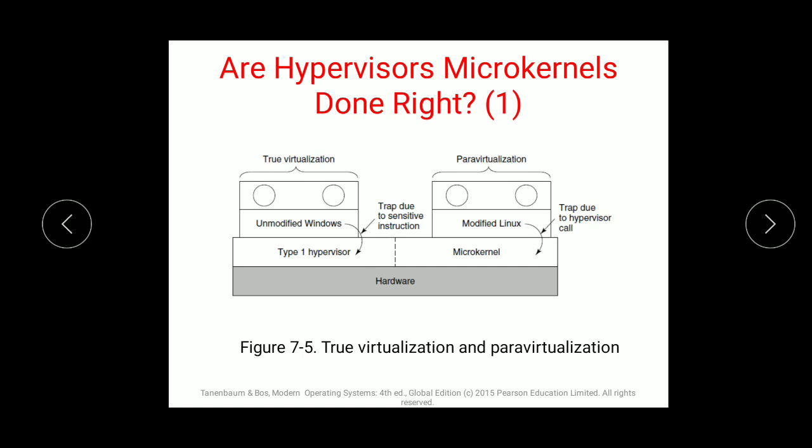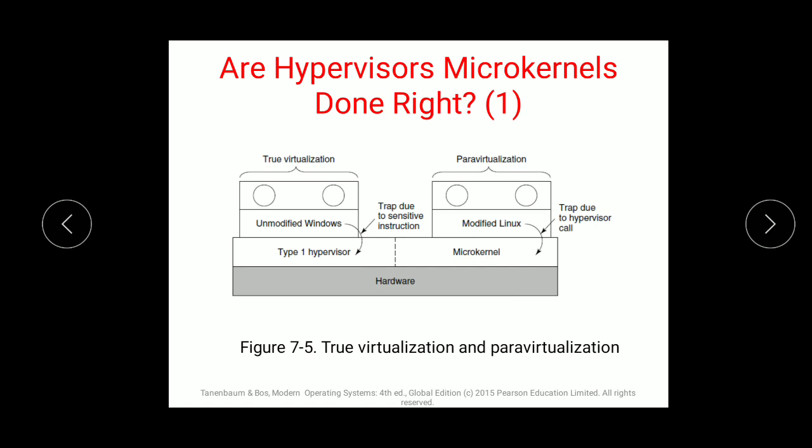If all the sensitive instructions from the operating system are removed and only hypercalls are carried out to get system services like IO, then the hypervisor could just be like a microkernel. If there were no sensitive instructions, it would work like a normal microkernel.